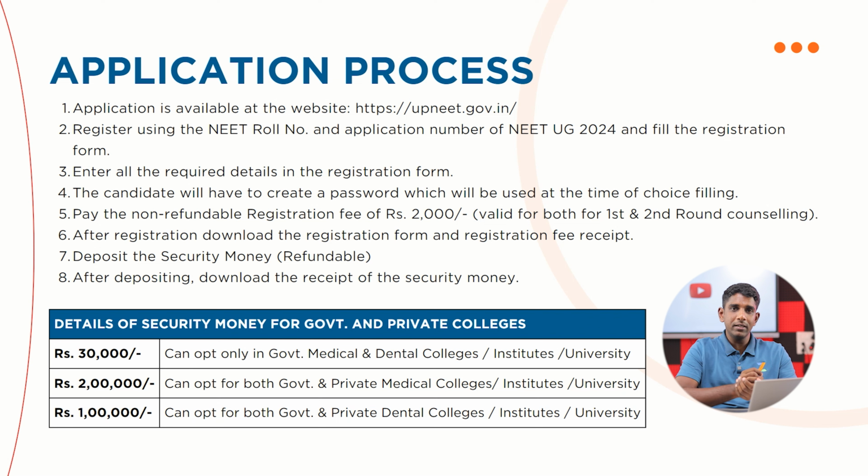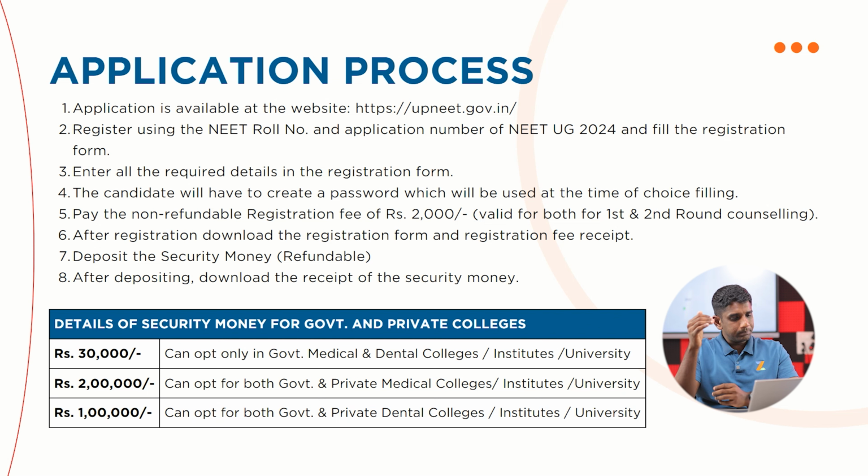There are certain conditions where this amount will be forfeited. That means the counselling authority will hold this amount or take this amount. We'll look at these conditions later, but the security deposit has to be paid to be eligible for the counselling. If you don't pay this amount, you won't be eligible for the counselling.